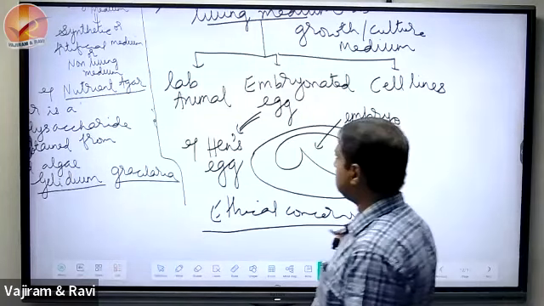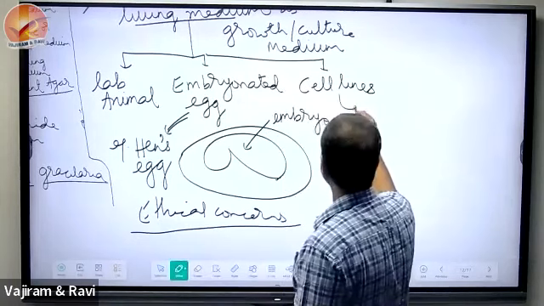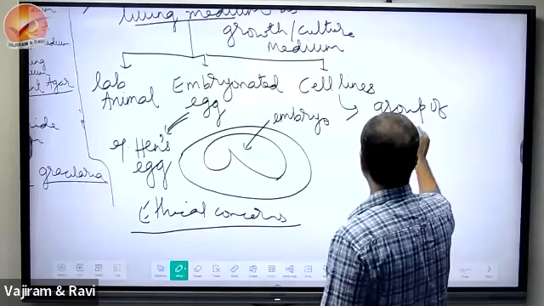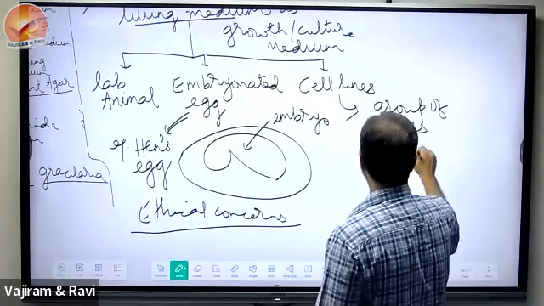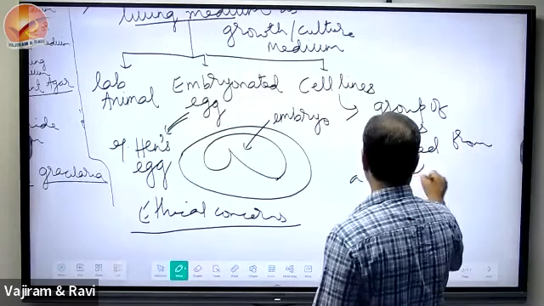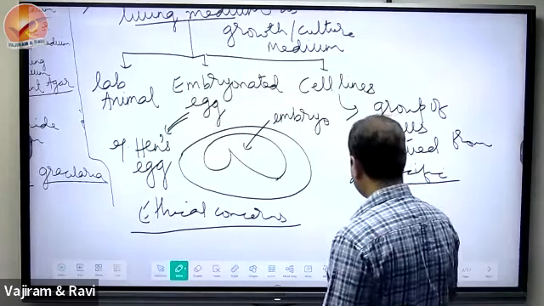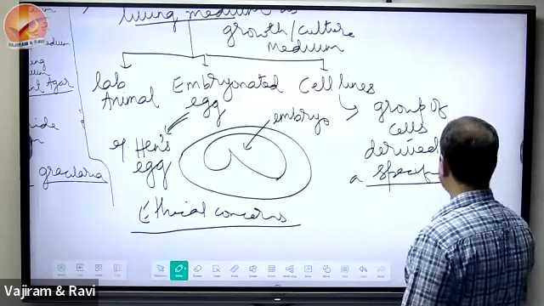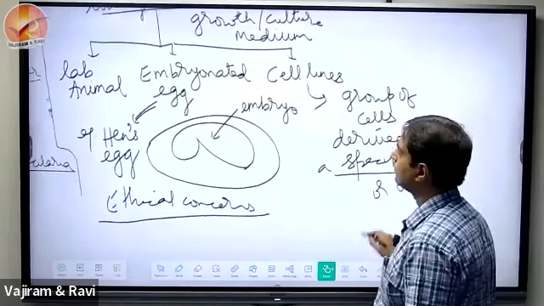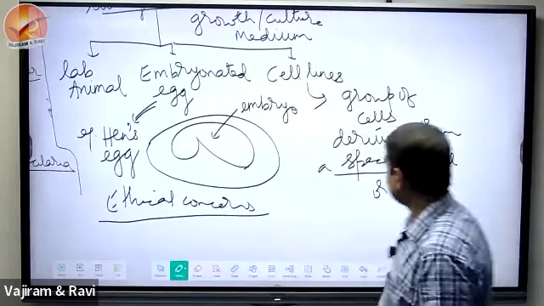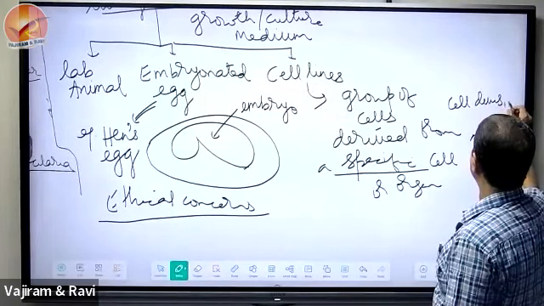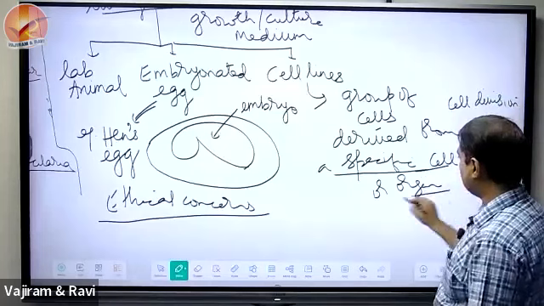So cell lines means these are group of cells derived from a specific cell or organ. So these are group of cells derived from the cell division of a specific cell or organ.